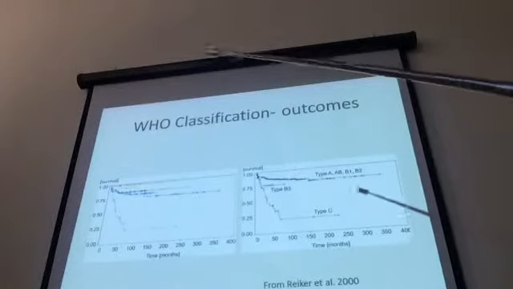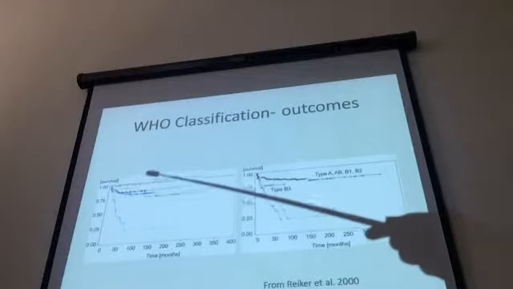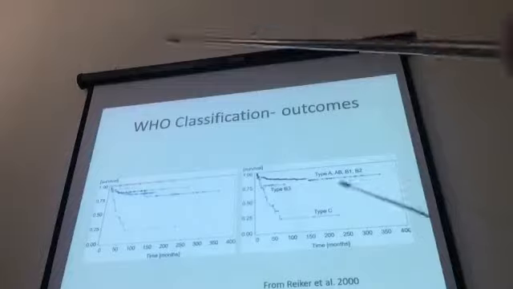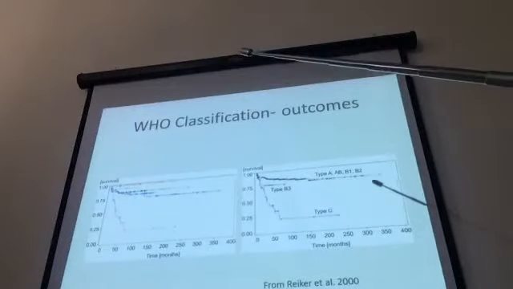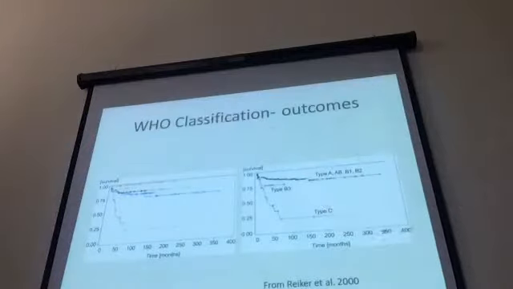And if you look here, you see that these three, which are essentially these, all have very, very good prognostic outcomes, whereas type B3 and type C have different.